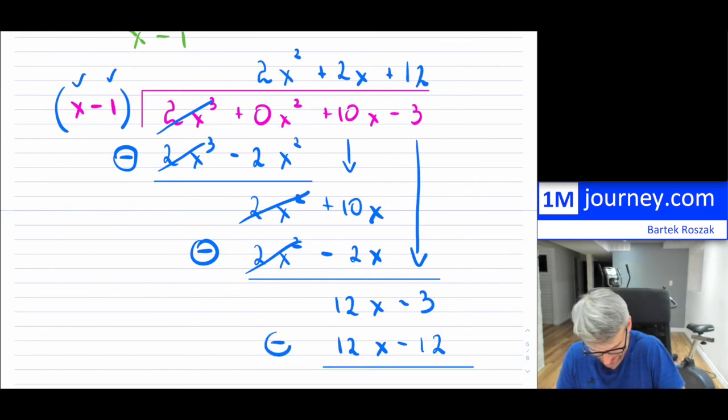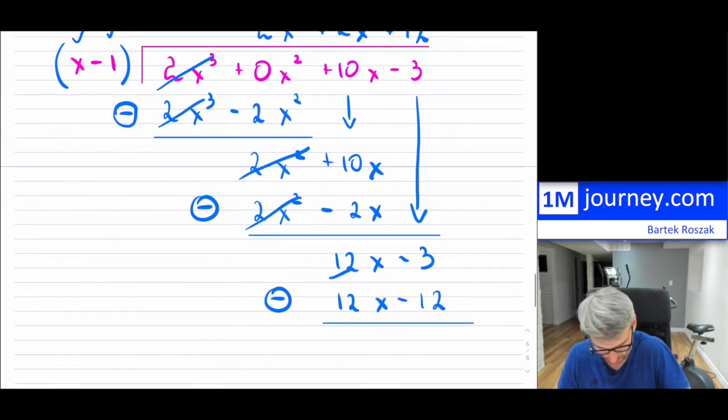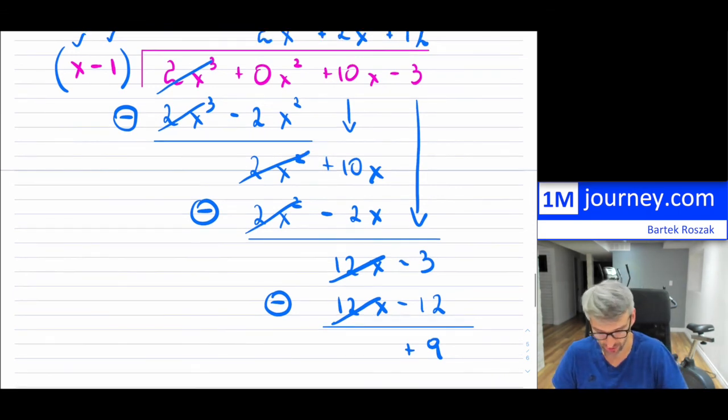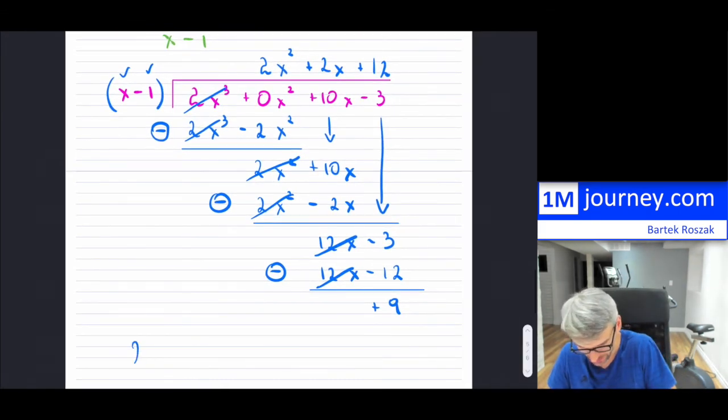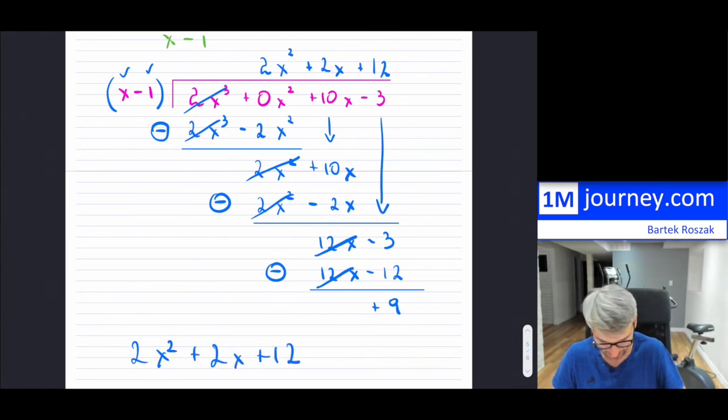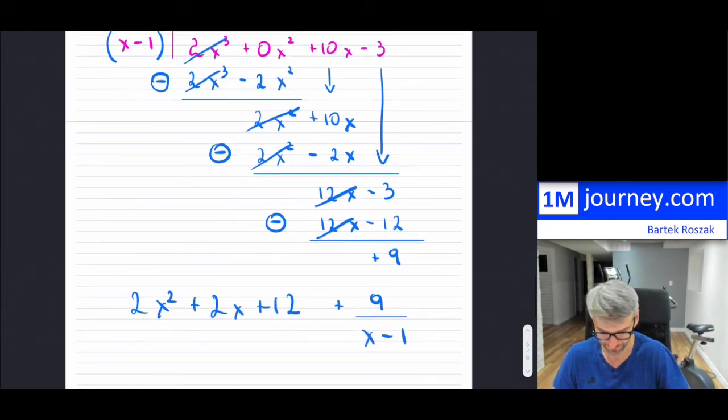Now subtract. So 12x is gone. And this is going to give us plus, I guess, plus 9. There we have it. So our total result is 2x squared plus 2x plus 12, and then plus our remainder. Now it is positive in this case. That's going to be it.